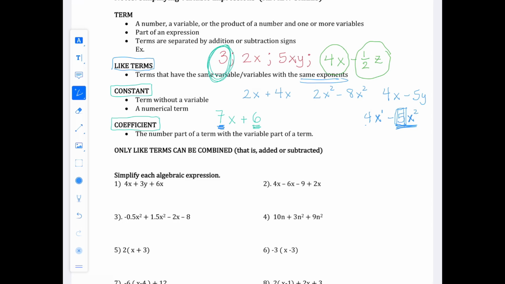Be mindful though, folks, if I have 9x squared plus y, let's look at that y term. What is the coefficient for that y term? There's nothing written, so it is implied that 1 is the coefficient for that y term.